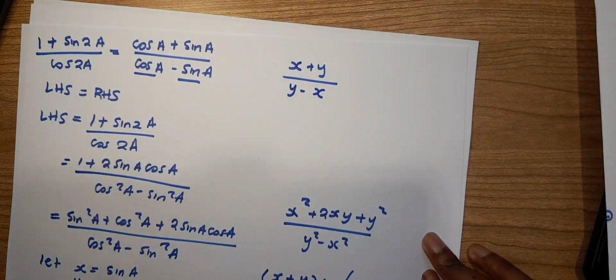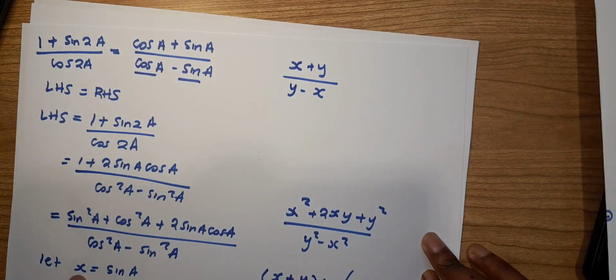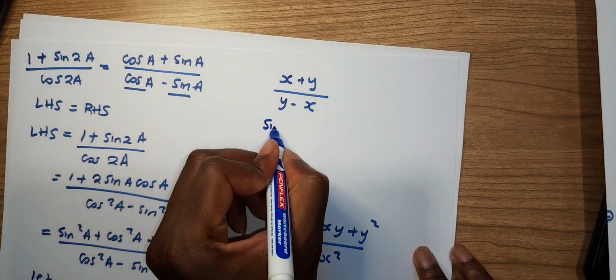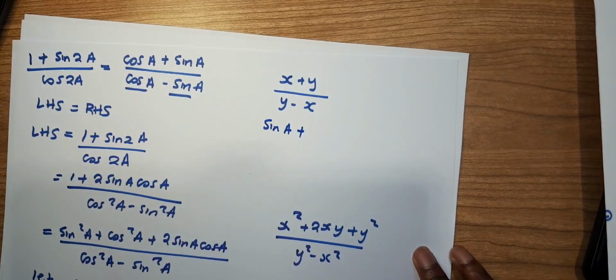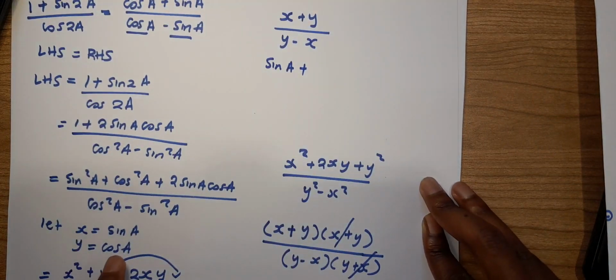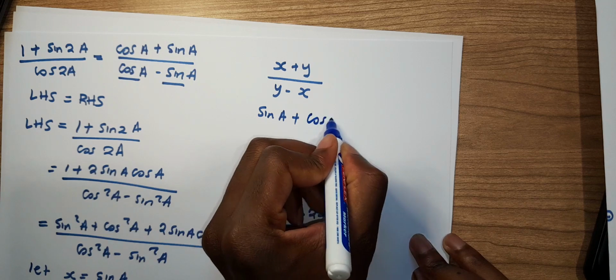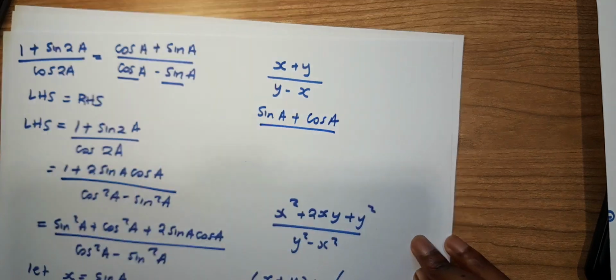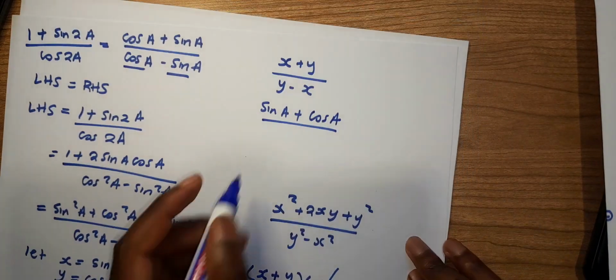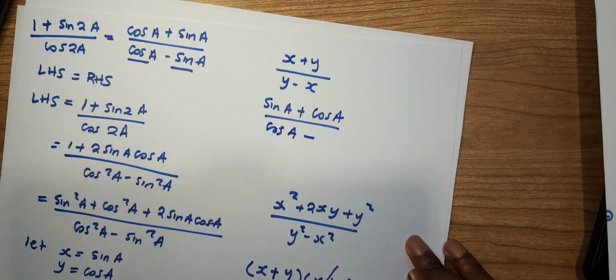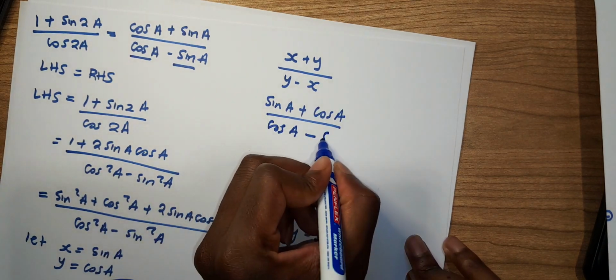But you ask yourself, what is x? x equals the sine of alpha, right? So x plus y is the sine of alpha plus, what is y? y is the cos of alpha, divided by y, which is the cos of a, minus x, which is the sine of a.